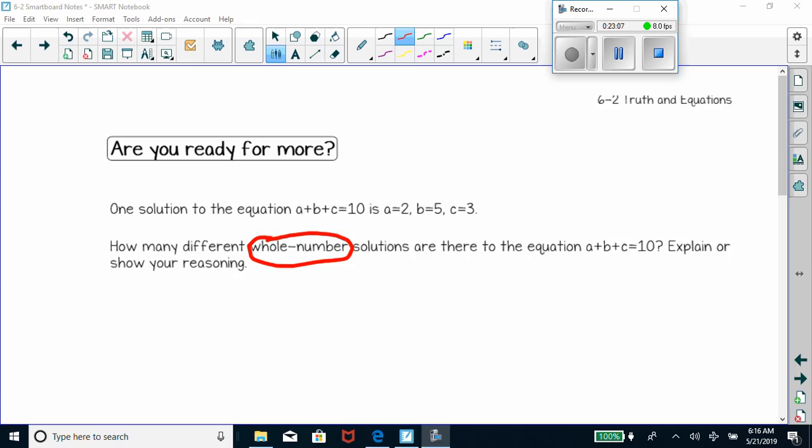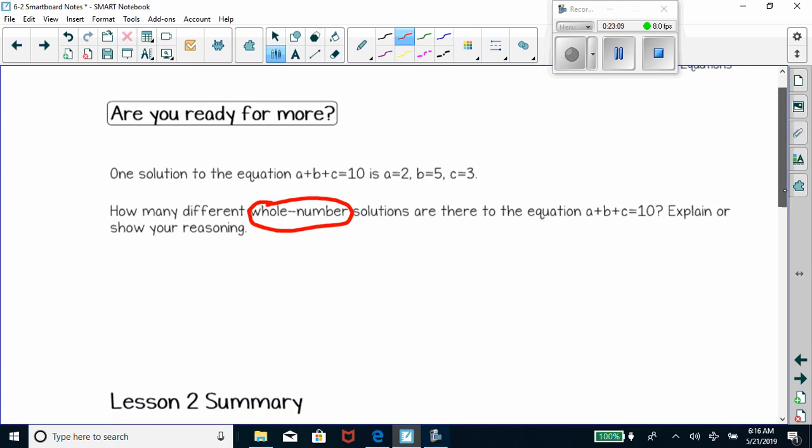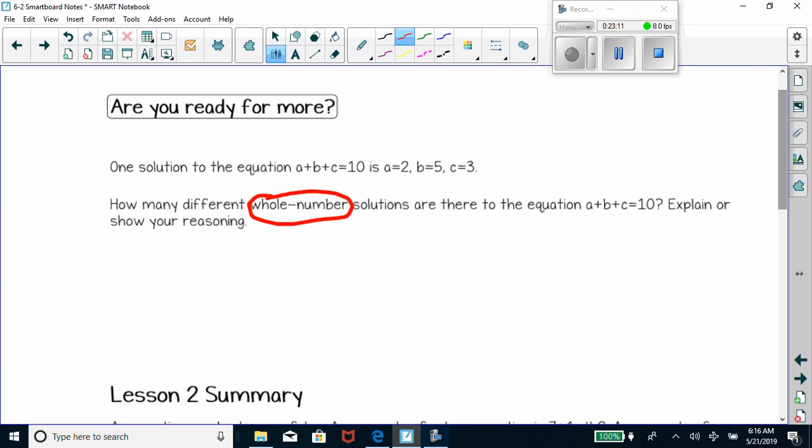And this actually gets into a branch of mathematics called combinatorics, permutations and combinatorics, and you could use what's called a tree diagram to help you solve it. Because I could start like this.